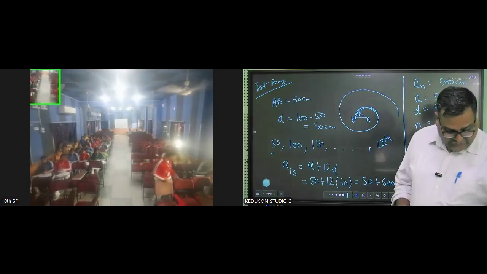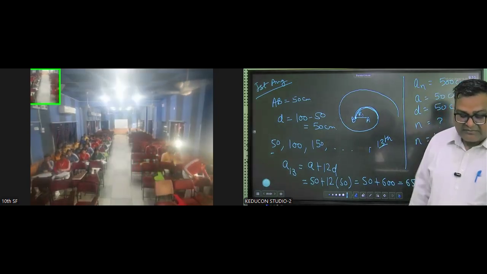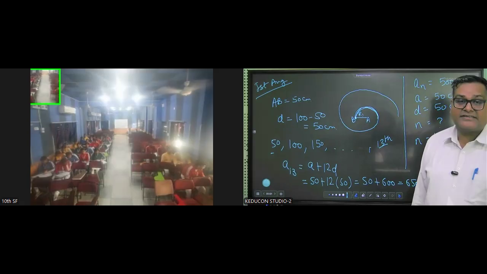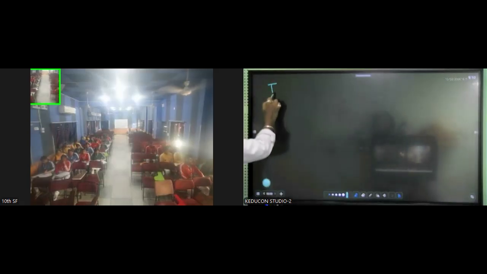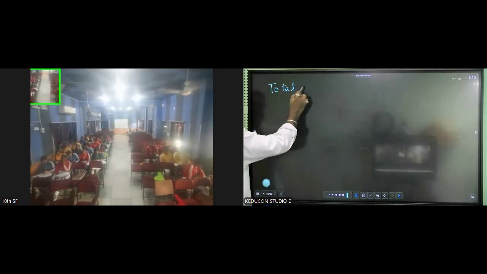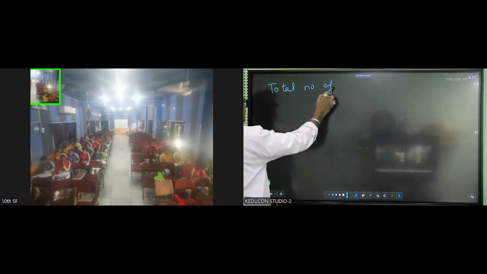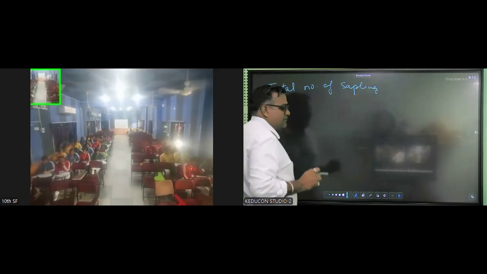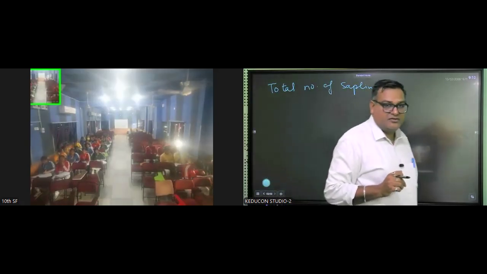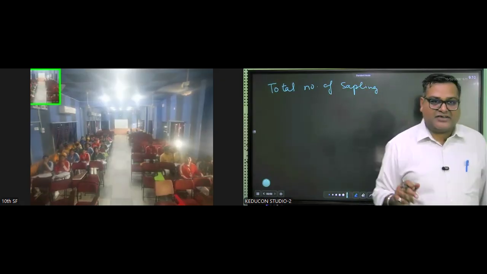Now what is the third question? Find the total number of saplings till the 11th spiral. Now what has he asked for? Total number of saplings means total number of plants, right? Now how many plants are there in the first spiral? 10.